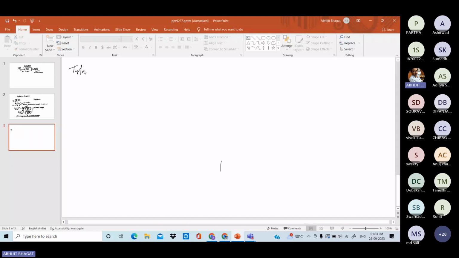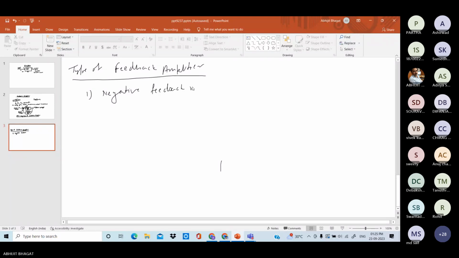Feedback amplifiers are of two types: either a negative feedback amplifier or a positive feedback amplifier.